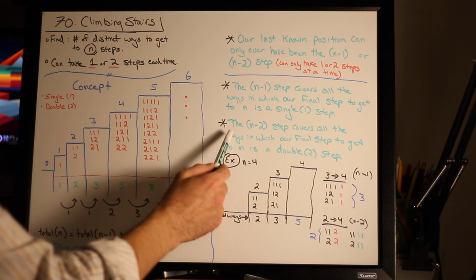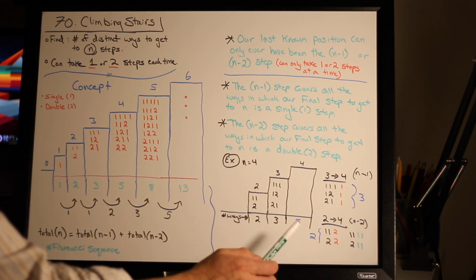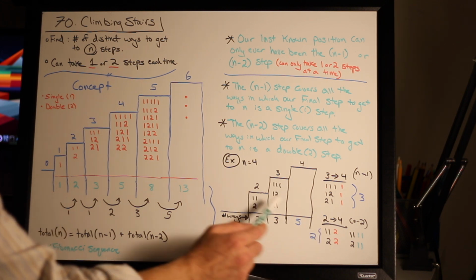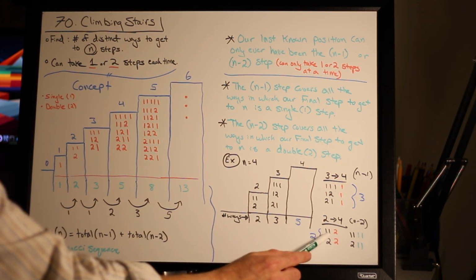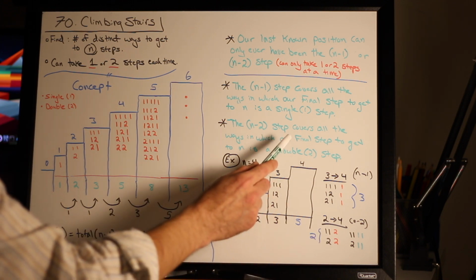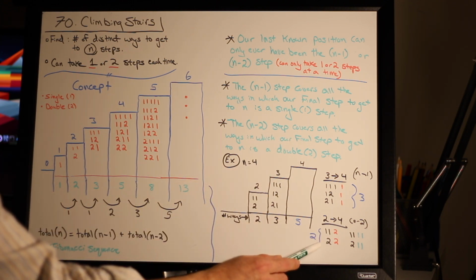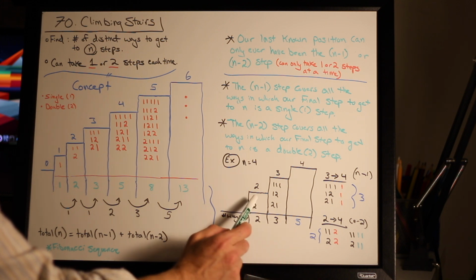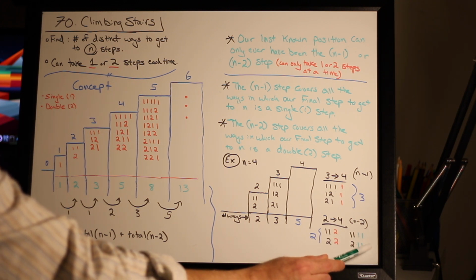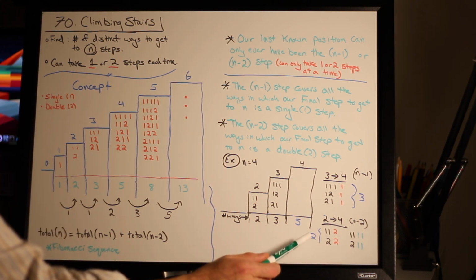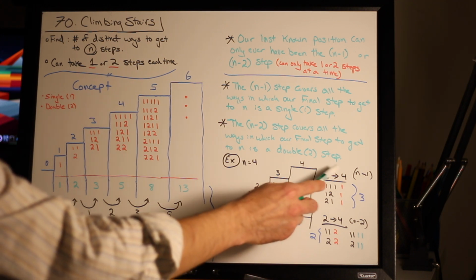Now, the second principle is the n minus second step covers all the ways in which our final step to get to n is a double step. So if we look from 2 to 4, let's write out the ways we can get to step 2, so 1, 1, and 2, and just add a double step, which is our final step, and that also holds true. But you may argue that we can also have taken 2 single steps to get from step 2 to 4, and those are written here. And that is valid, but the only thing is that we've already considered those cases when we went from 3 to 4.